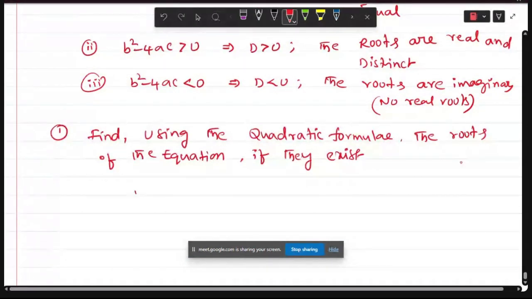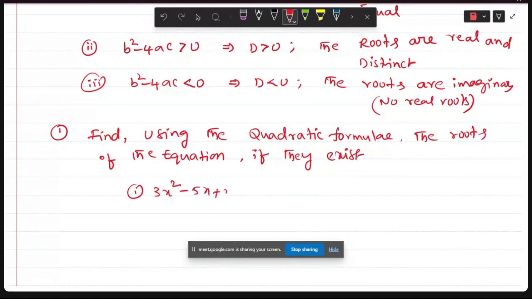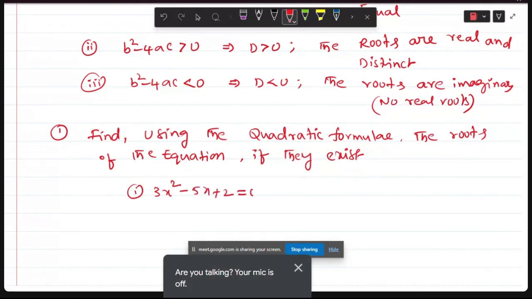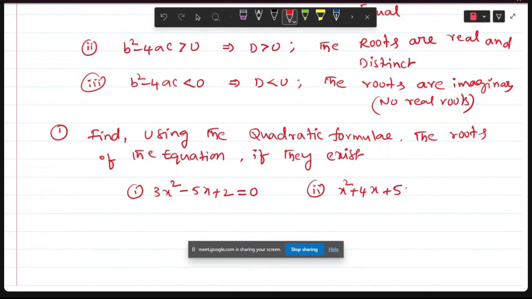First question: 3x square minus 5x plus 2 is equal to 0. Second question: x square plus 4x plus 5 is equal to 0. Try, Arav. I'll discuss, just try.